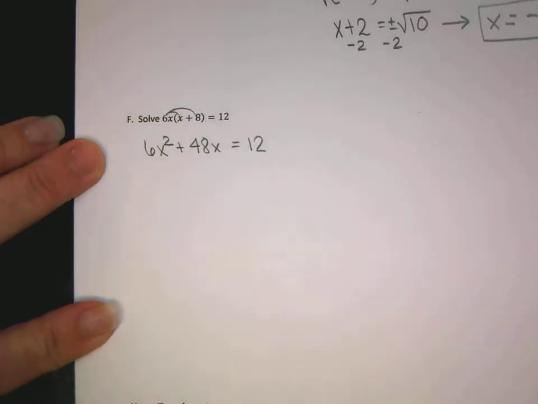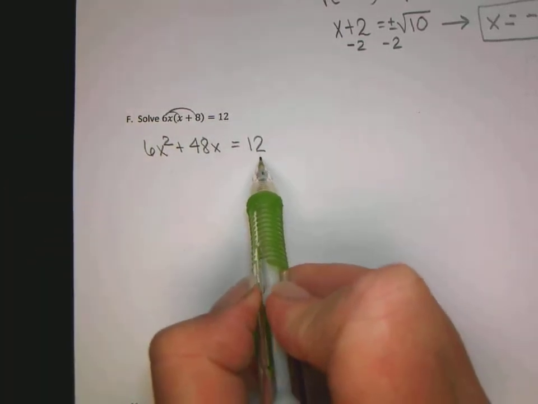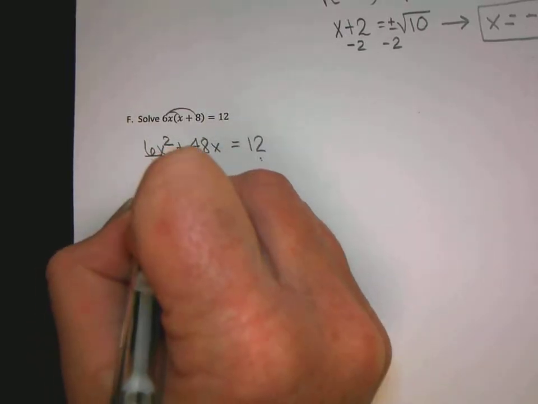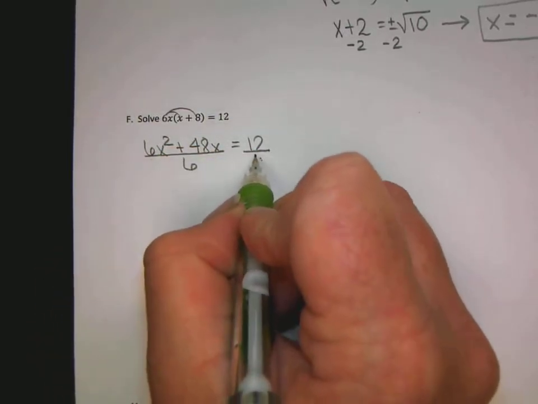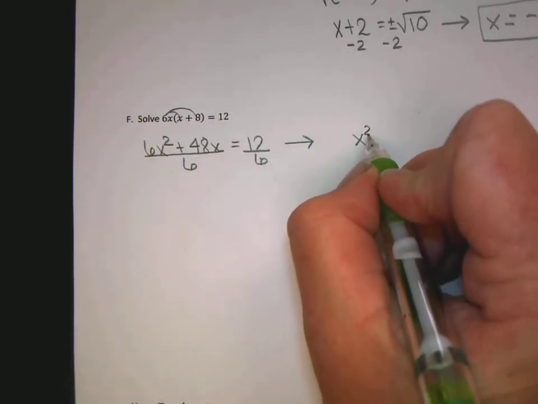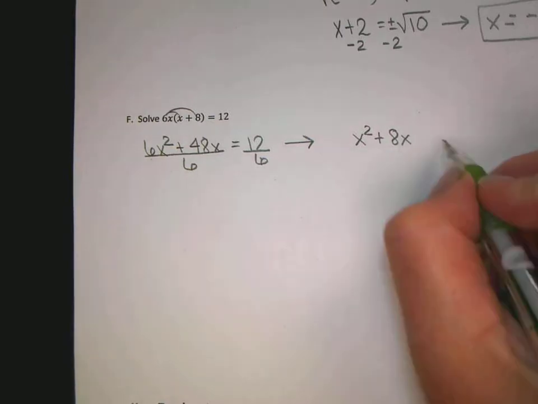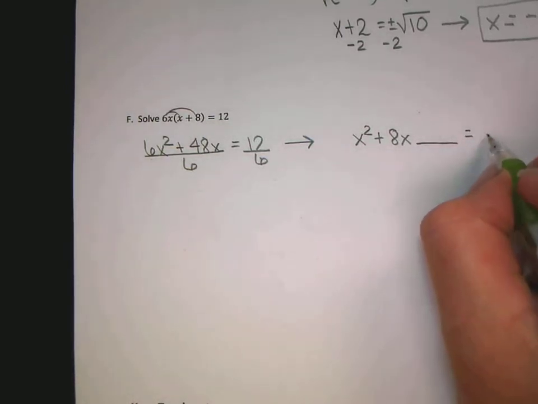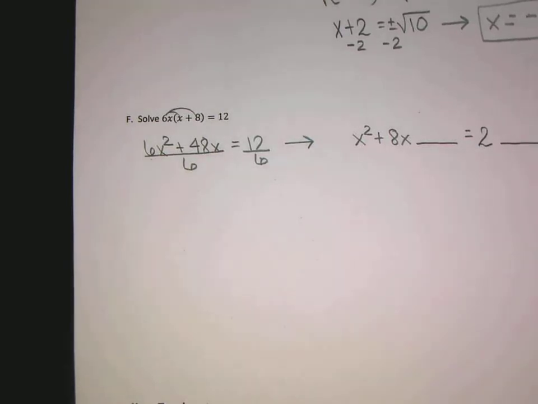All right, 2 things we're going to notice here. The c is already moved to the other side, so we're good there. However, we have a lead coefficient of 6. So what you're going to do is divide everything by 6. So your new equation is going to be x squared plus 8x. Remember, we're going to complete the square, so there's my little line. 12 divided by 6 is 2, and then add that there.